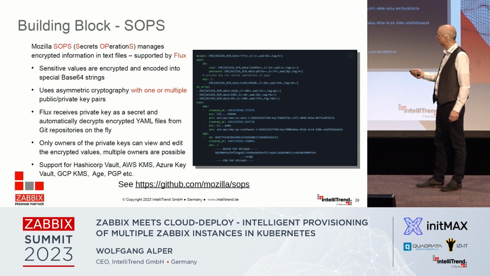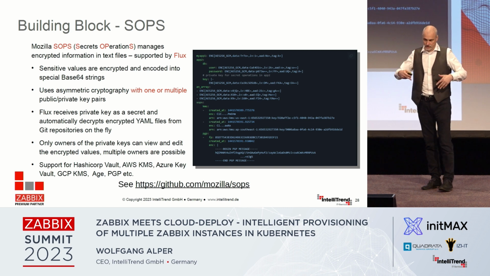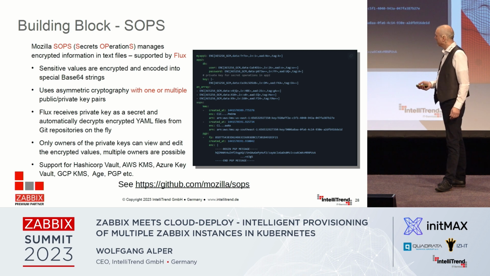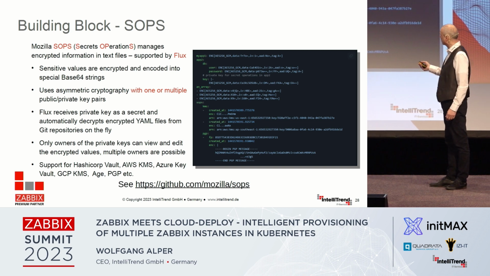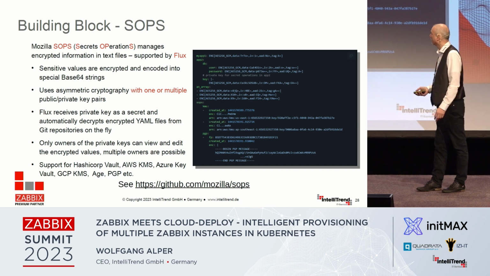SOPS allows you to encrypt any text file, usually configuration files. In our case here, it's a YAML configuration file. It allows you to encrypt content in such a file in a way that it still stays a text file, because they encrypt the content and then encode it into special base64 strings, which is perfectly fine for a text file.